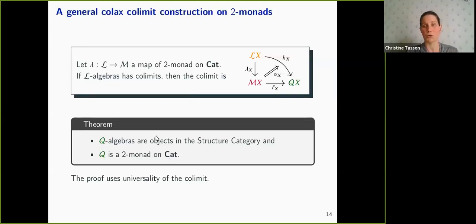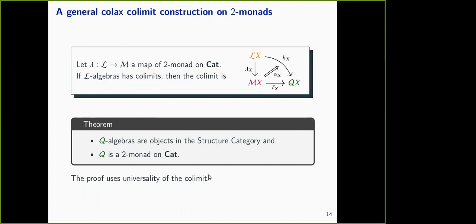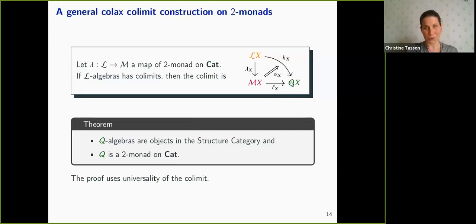And I prove the two properties together. For this, it's important that I'm using the universality of the colimit, the uniqueness in the colimit. Okay, so it's a nice mathematical structure I want to use now to describe the linear and nonlinear substitution.